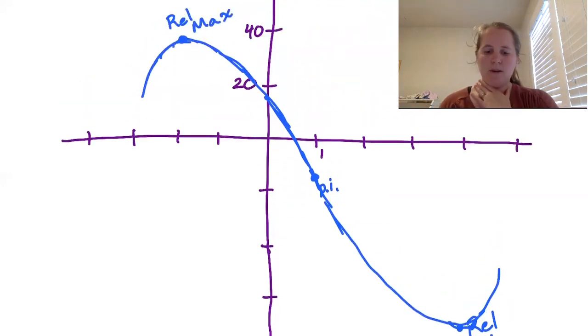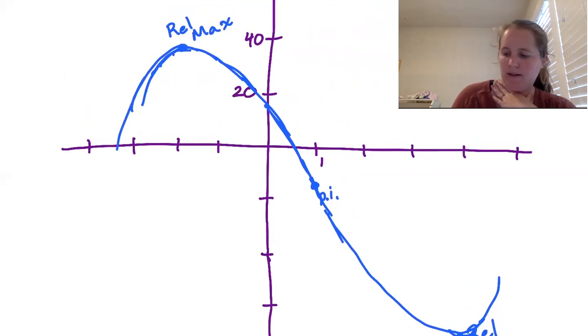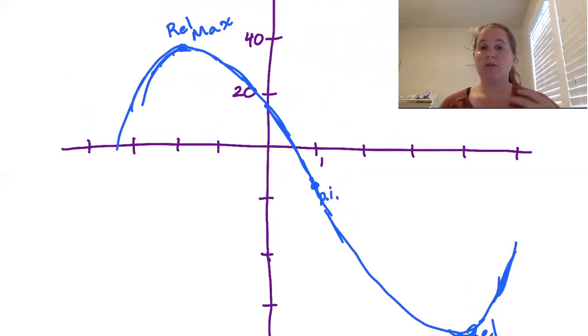So this is a rough sketch. No guarantees it's accurate other than those 3 points, but we do have where it's increasing, decreasing, and where it changes concavity.